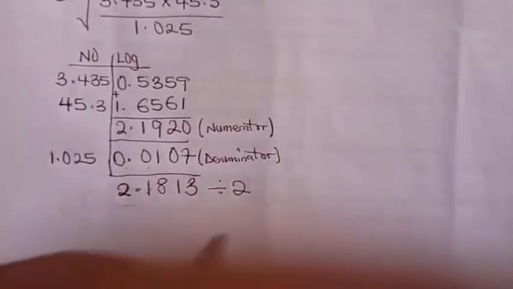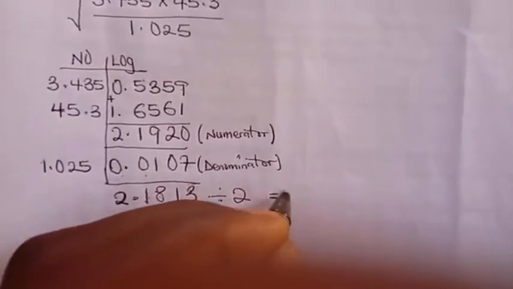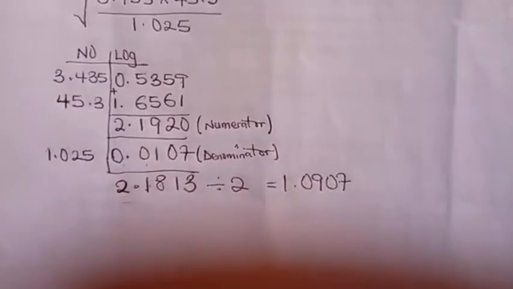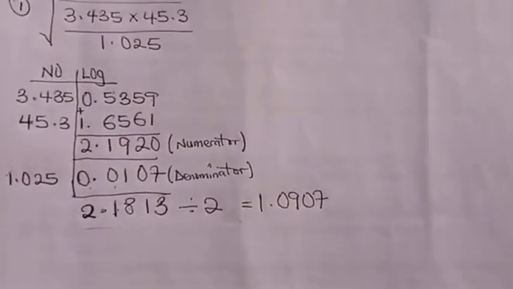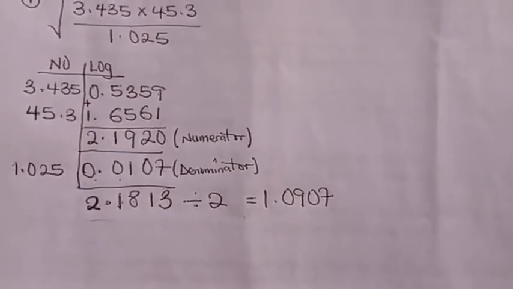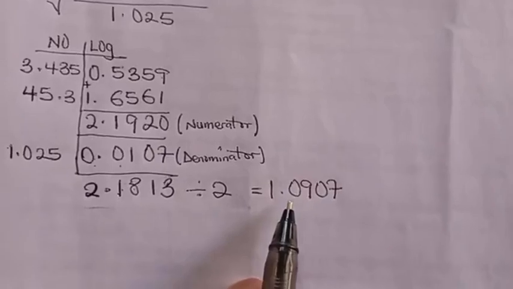And when you divide this by 2, the result is 1.0907. We have 0907.